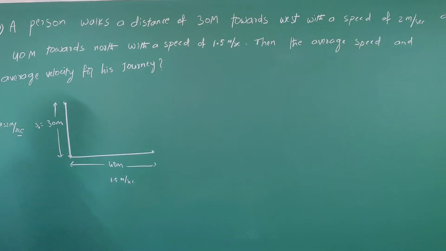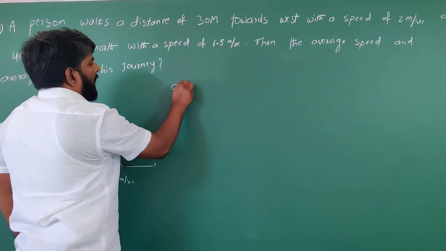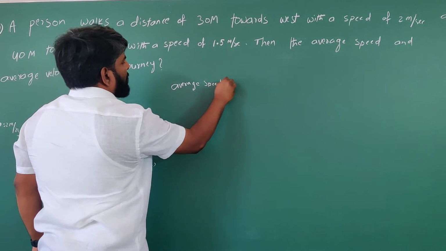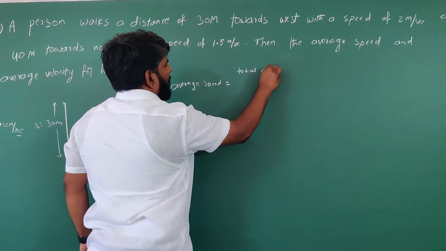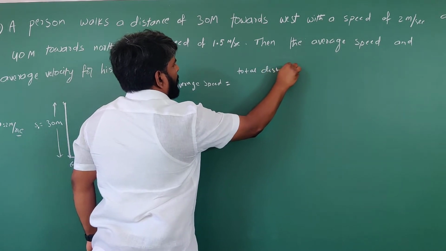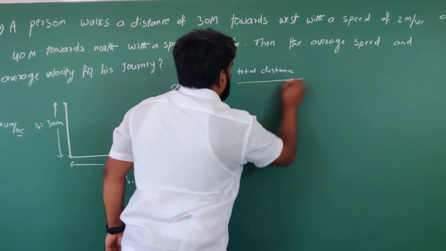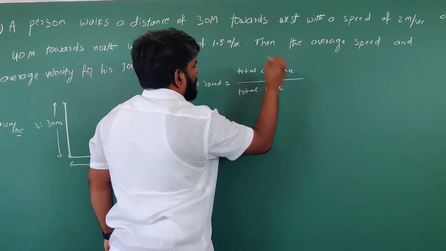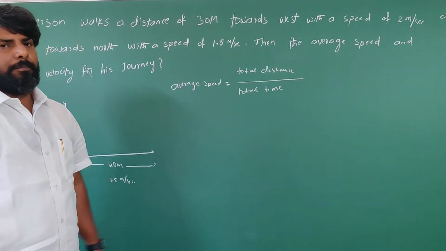Now first of all, average speed. Students, what is the formula for this? Generally we know that it is total distance covered to total time taken, total distance by total time.